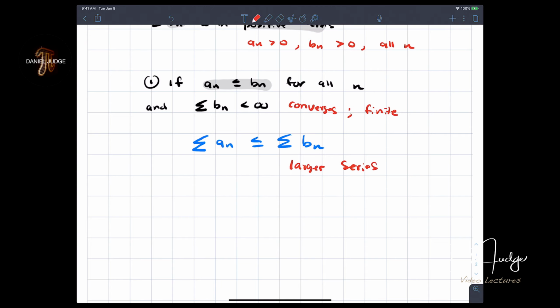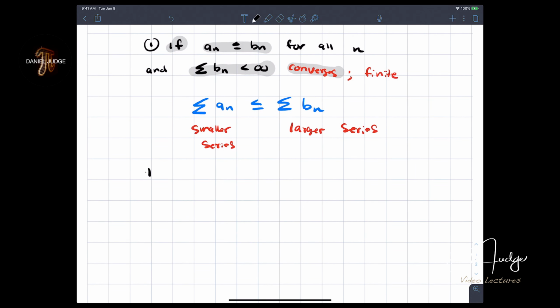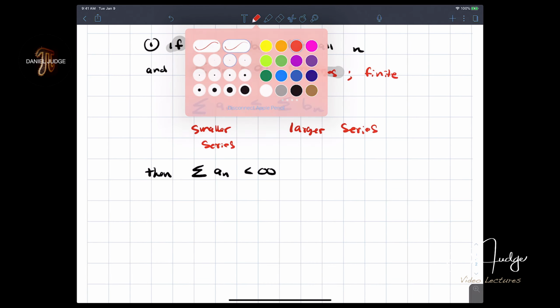So they're saying with the assumption, if really the larger series converges, then we know the smaller series will converge. So this is going to be the conclusion here. This is in comparison, right? Then the smaller series, a_n, is also finite in its sum. So this also converges.